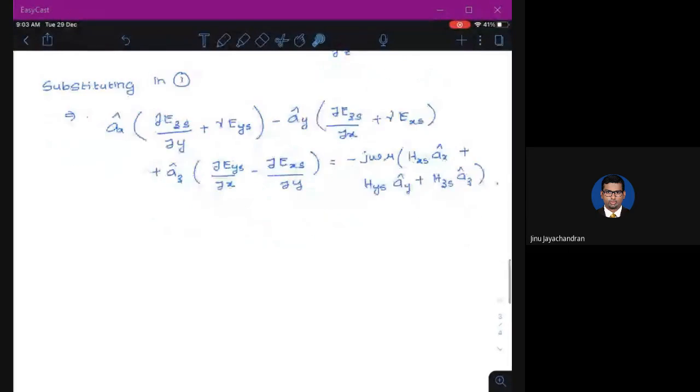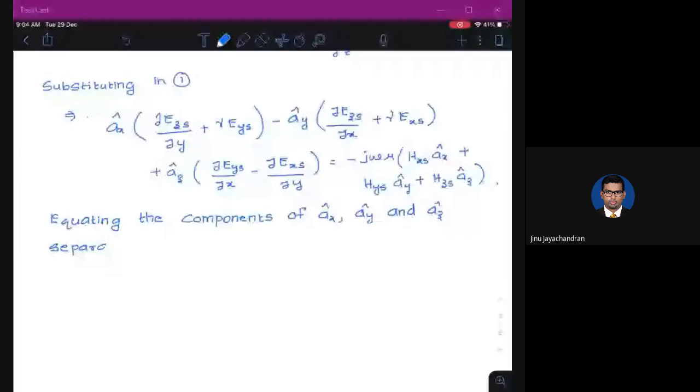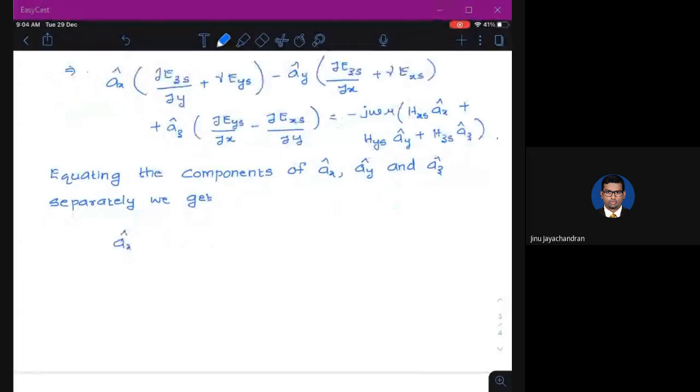So equating the components of AX cap, AY cap, and AZ cap separately, we get dou EZS by dou Y plus gamma EYS is equal to minus j omega mu HXS.